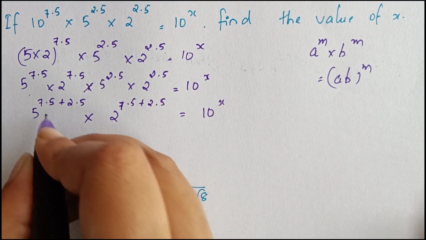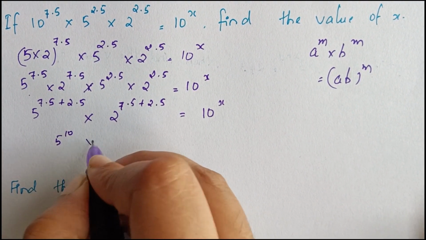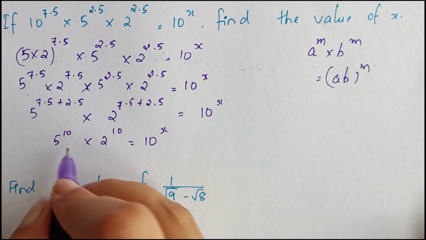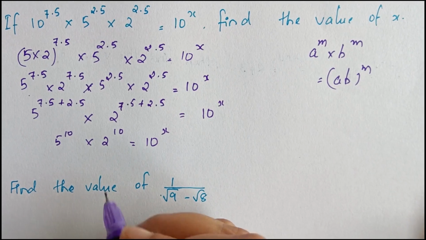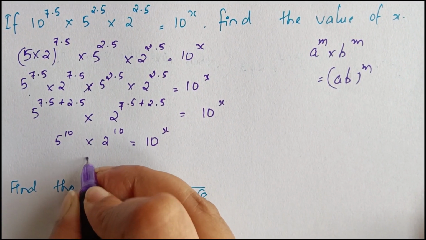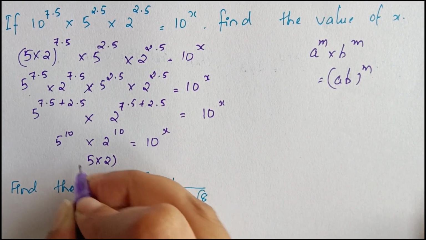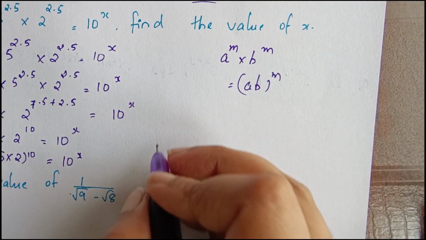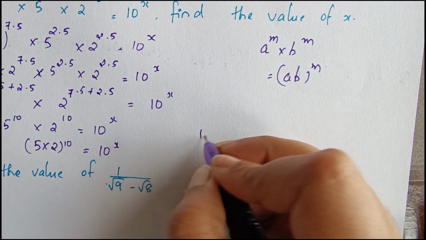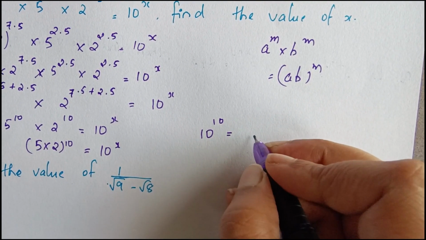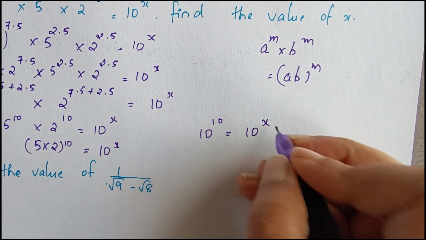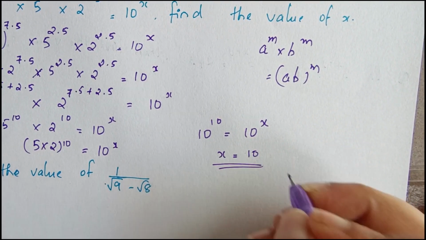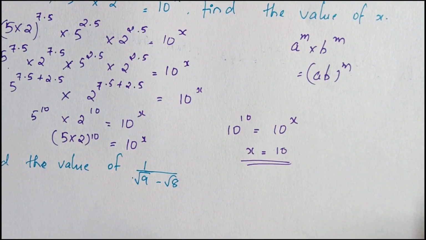So this is 5 raised to 10 into 2 raised to 10 equal to 10 raised to x. Now a raised to m into b raised to m, both the powers are equal, so we can just multiply: 5 into 2 the whole raised to 10 equal to 10 raised to x. That is 10 raised to 10 is equal to 10 raised to x. Now we can equate the power, so x is equal to 10 is the answer.